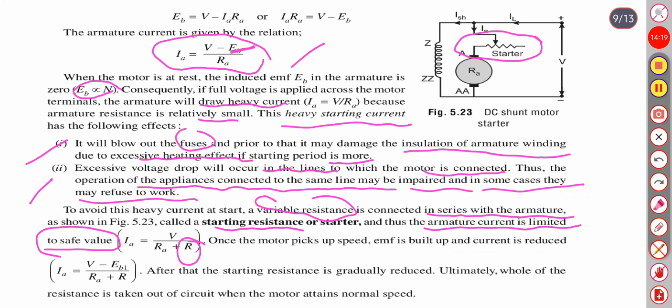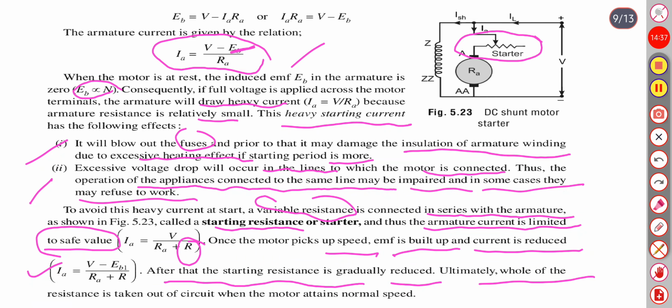Once the motor picks up speed, EMF is built up and current is reduced to this value. After that, the starting resistance is gradually reduced. Ultimately, the whole of the resistance is taken out of the circuit when the motor attains normal speed. So when the motor attains normal speed, this resistance becomes 0.